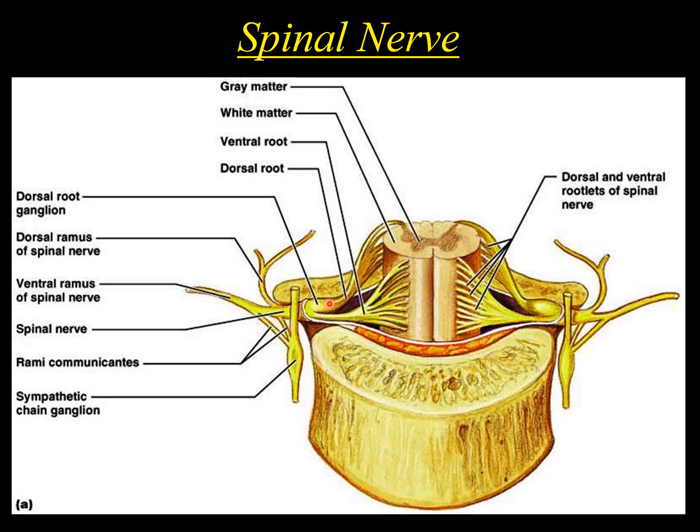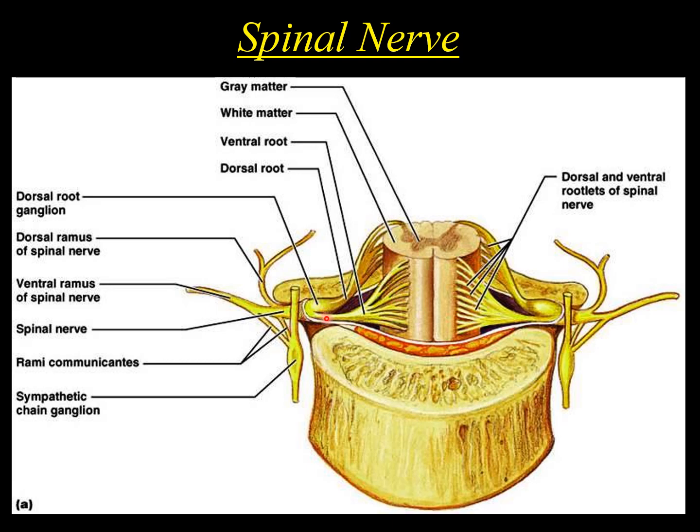Before they unite, in the posterior root or the sensory root, we have a ganglion present, which is known as the dorsal root ganglion, and this is sensory. They both unite together as sensory and motor to form the spinal nerve. So a single spinal nerve is formed by the motor root from the anterior horn and the sensory root from the posterior horn.